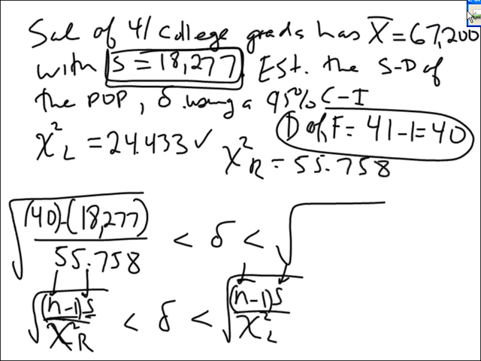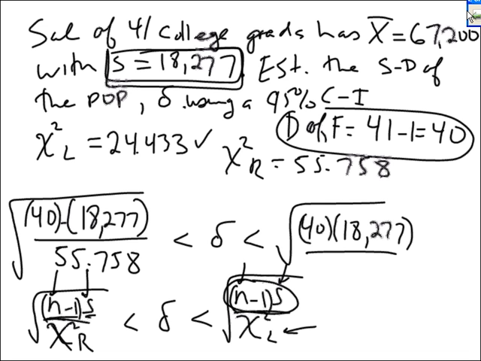Square root, the top's the same. N minus 1 times S is still 40 times 18,277. And we divide by chi-squared sub L, which is 24.433. Okay, let me erase this bottom.